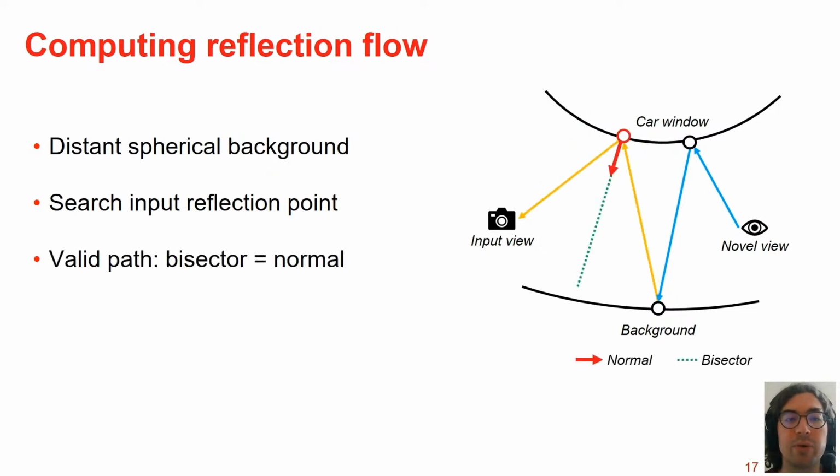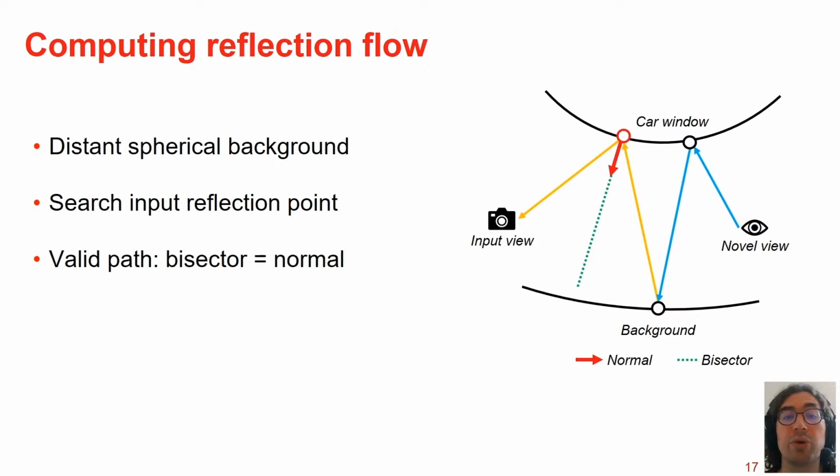For a perfect mirror, this is a point where the bisector of the reflection path, here in green, and the surface normal, in red, are aligned. If we find that point, we can reproject it in the input view and fetch the corresponding information to render the reflections. But how do we find that point?